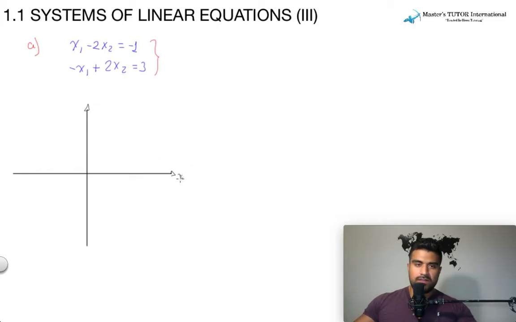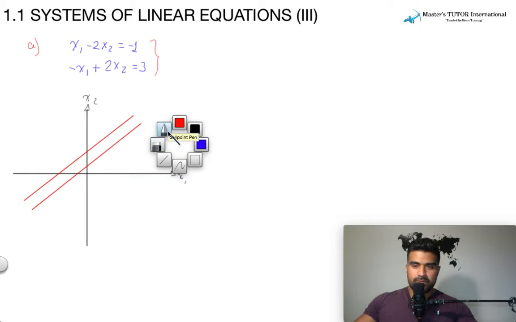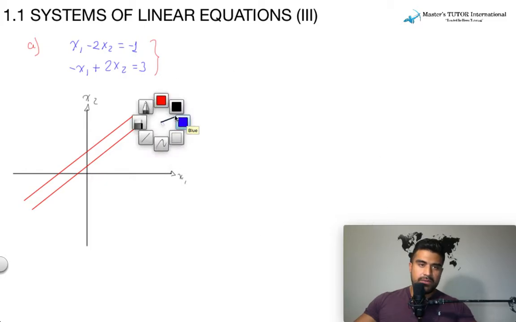This is x1, x2, and we will have two lines that are very similar, like this. This will be line 1, line 2.